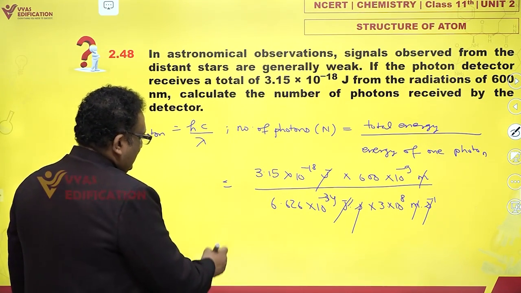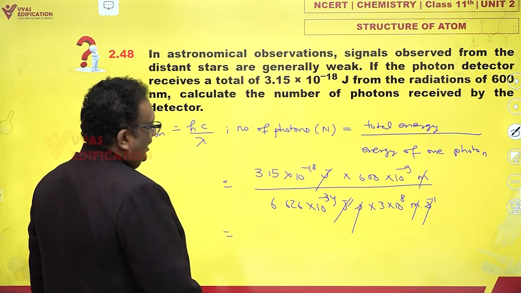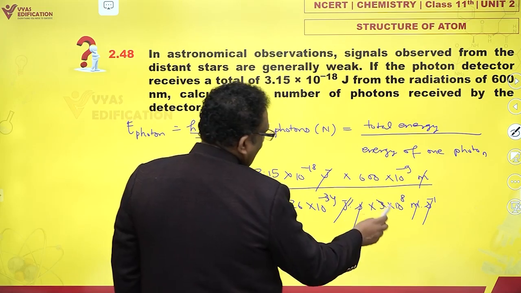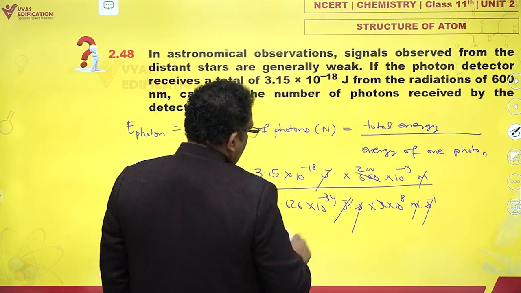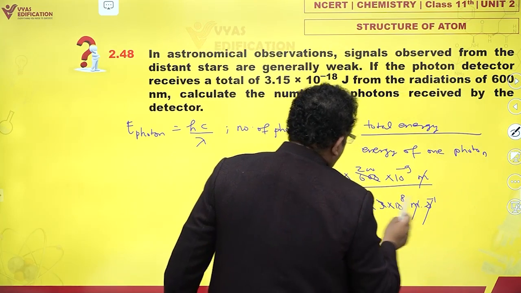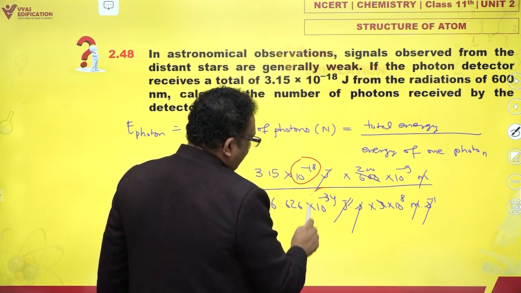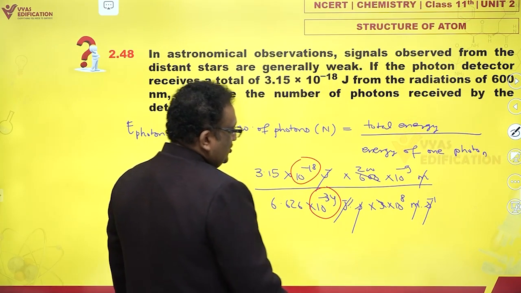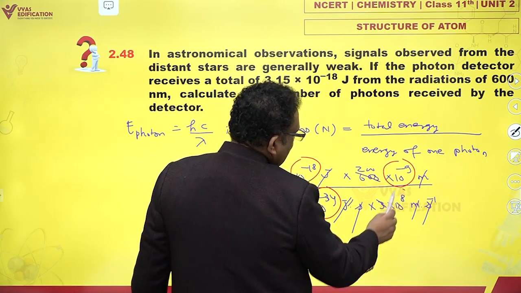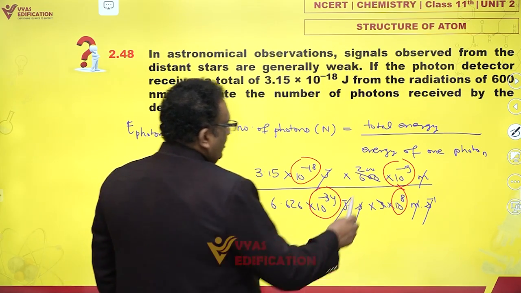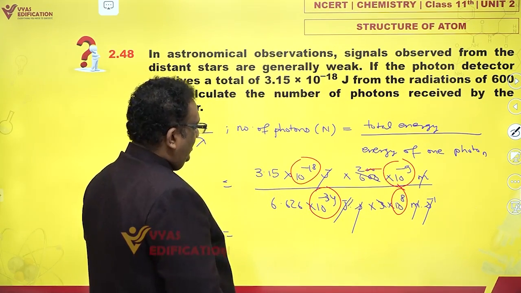What an onslaught. 3 goes 200 times. Now I need to calculate, first the order of magnitude. 18 and 34 give me 16, 10 raised to 16, and this would be 10 raised to minus 17. This is 10 raised to minus 1, 2 zeros gone, 10 raised to plus 1.